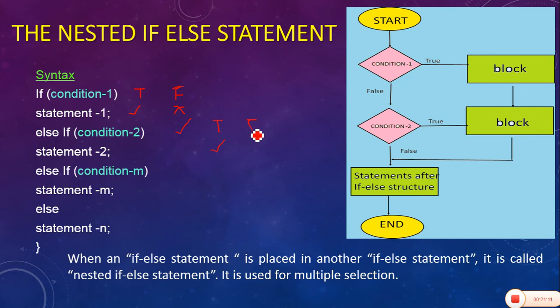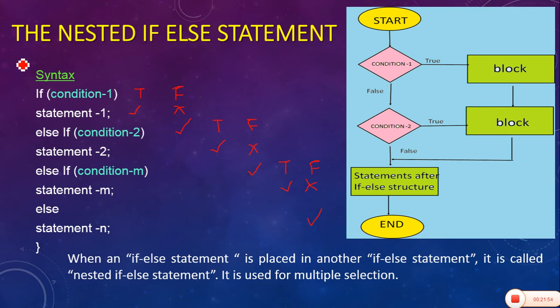If you consider this condition false, then this will be checked while that one will be ignored. And if this condition is true, then this will be executed. And if this condition is false, then this is not executed, and it will execute the else condition. Okay, now here you can see the sequence in which the nested if else statement will work.